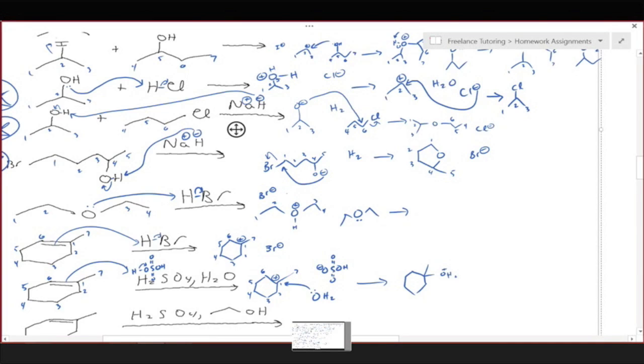Is bromide a good base? Is bromide basic? Extremely basic. Yeah, so really not a base because it's the conjugate of a strong acid. But is it a nucleophile? Yes, it is. A poor nucleophile or a good nucleophile? Good nucleophile. Really an excellent nucleophile.